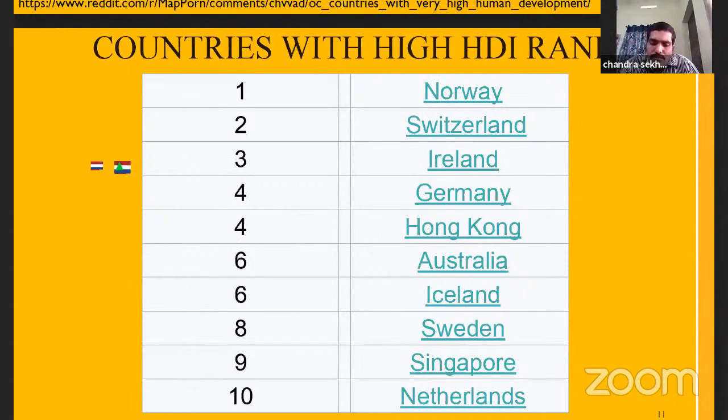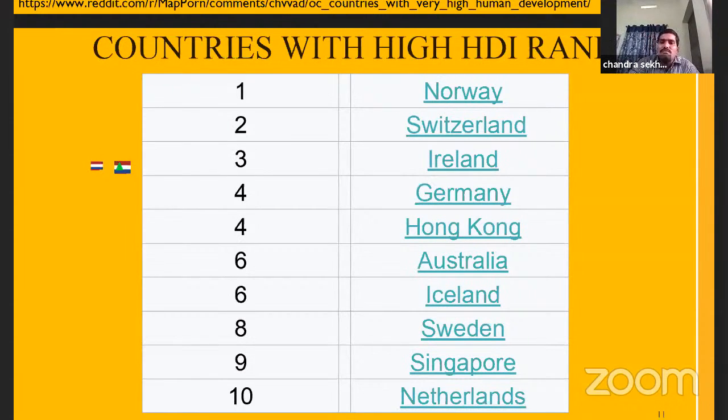So when we observe the high values in these three parameters, we can understand that availability of educational facilities is more, availability of health facilities is more, and the GDP is also very high. That's why the per capita income is also very high. That's why UNDP is giving ranks to the countries which have high values in these three parameters.